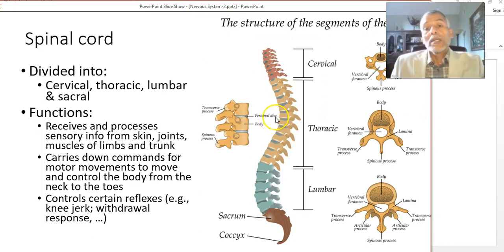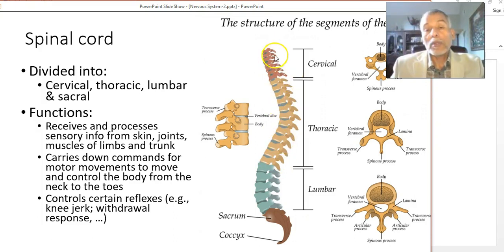And these vertebrae have names. Each segment of them has a name. And the spinal cord, even though it is continuous, is divided based on the names of the vertebrae it passes through.